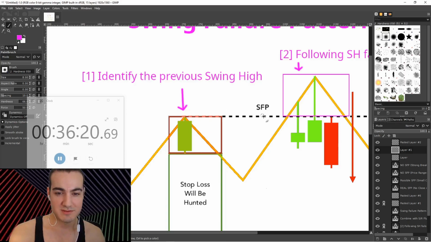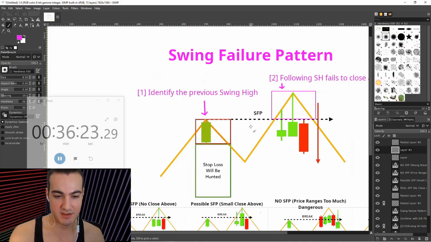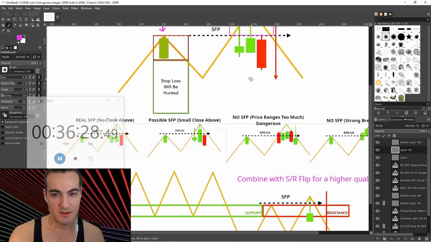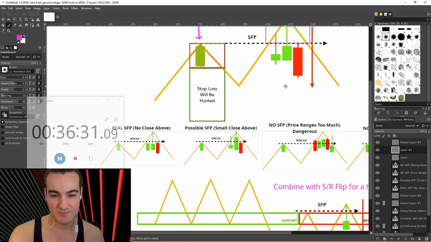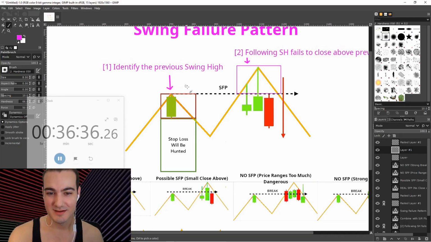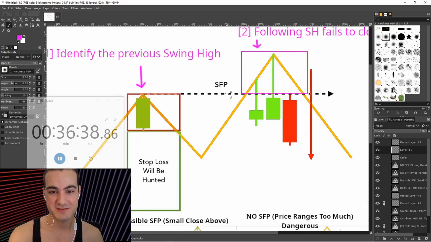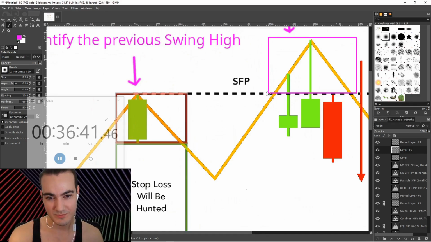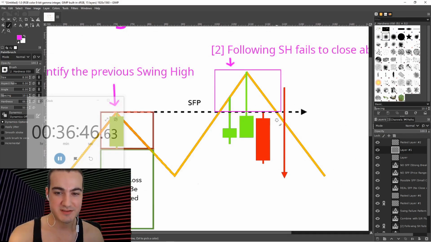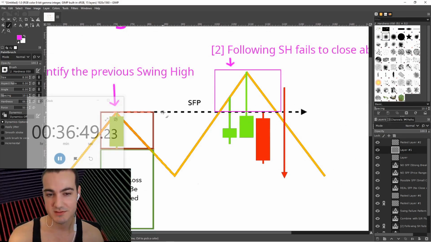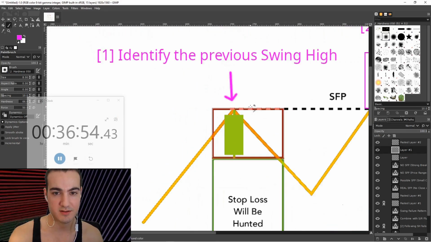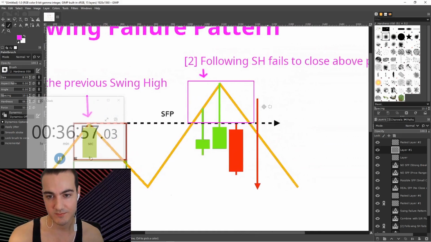Okay, I'll run through this really quick, but there's not much to say because this is really such a simple pattern. So basically you have a swing high, and then we have our breakup structure here. But during the break, price is unable to close above the previous high, which would be the top of this candlestick right here, or the wick of that candlestick.